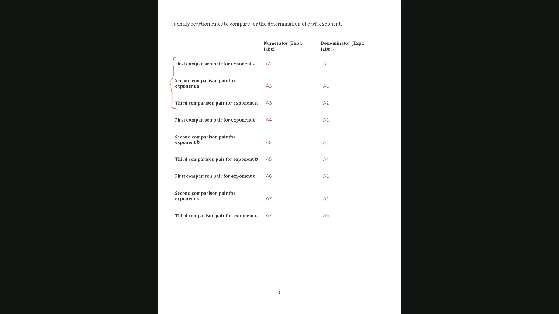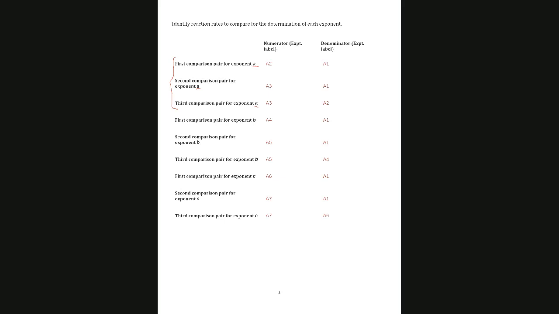the order of a specific reactant. So basically, with these 3, we are calculating A. A is the order of iodine, if you look at the experiment.